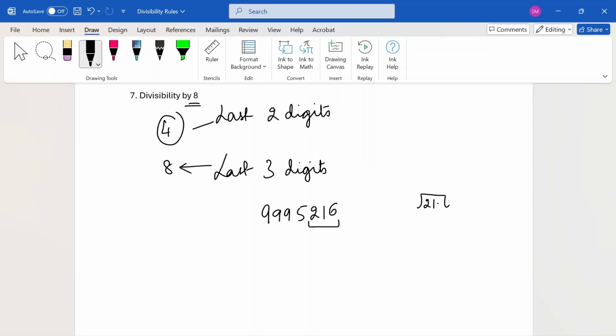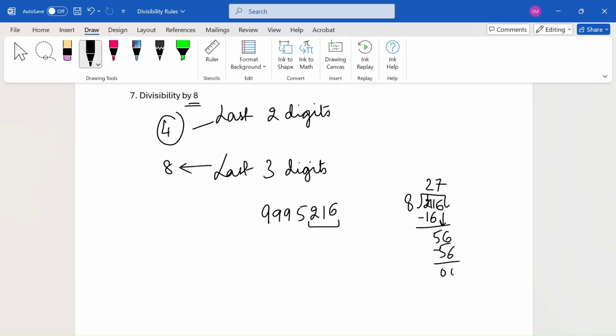Why are the divisibility rules made? To make it easy for us. We just have to check the last three digits. Orally we can also tell, but I'm showing you by way of division. 8 ones are 8, 8 twos are 16. 11 minus 6, 5. And 6, carry down. 8 fives are 40, 8 sixes are 48, 8 sevens are 56.